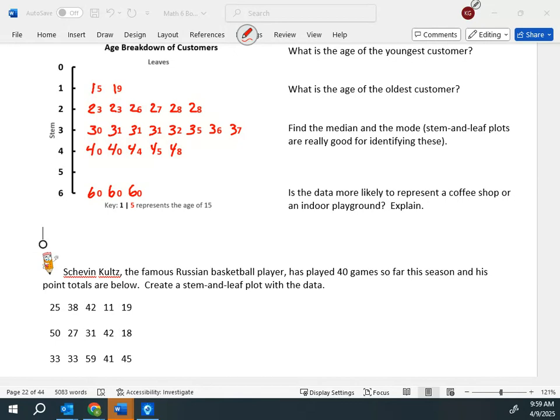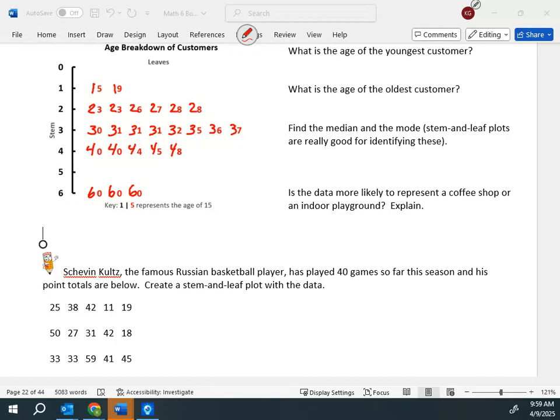We take that stem off, so we're not having to write as much. We're not having to write 30, 31, 31, 31, 32, 35, 36, 37. If we just say, these are all my 30s, I know that I have a 30 and 31 and 31 because I have that 0, 1, 1, 1. So it's less that we have to write.